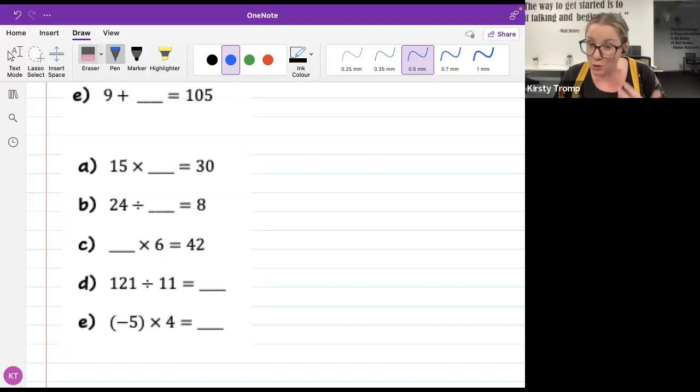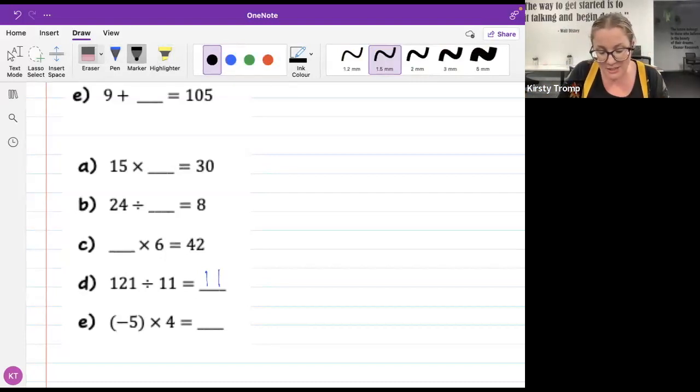The only one that you'll do this year is positive. So 121 divided by 11 will give you 11. That's the only kind of divide sums that you'll do this year in grade 7.